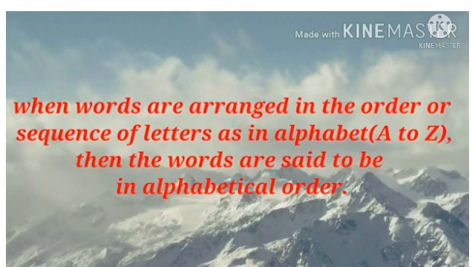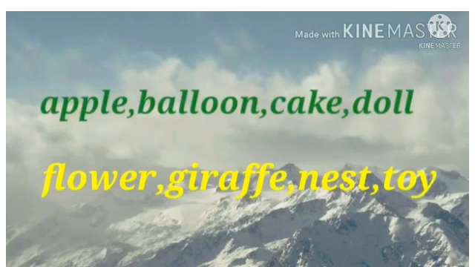Now let us take up more examples. Here they are given two sets of words. In the first set of words: apple, balloon, cake, doll. And in the second set of words: flower, giraffe, nest and toy. Look at the first set of words.